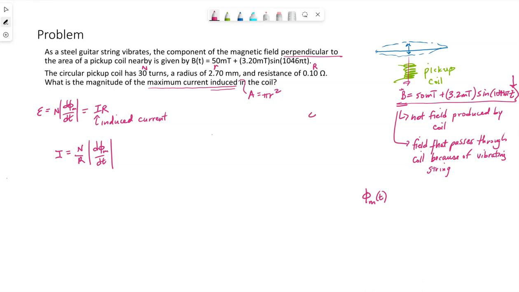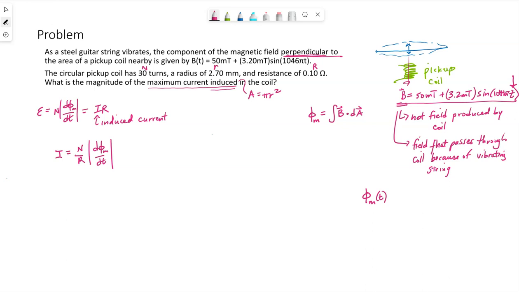Okay, so flux. Our fundamental equation for flux is the integral of B dot dA. If I think about this magnetic field, they've already told me that's the component of the field that is actually passing through this area. This magnetic field totally depends on time, but it does not depend upon any type of distance, a radius. It doesn't depend upon an x, a y, a z.